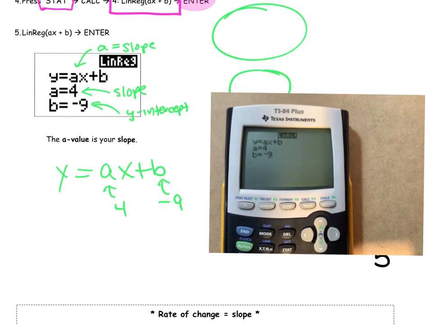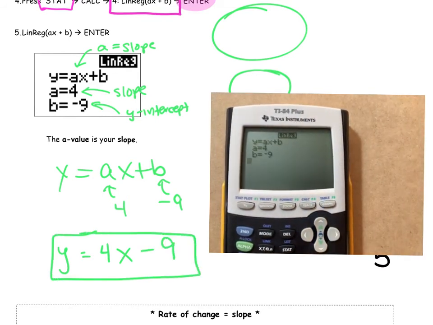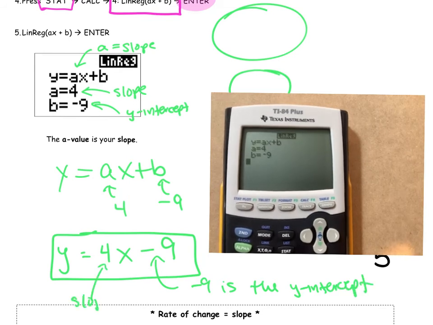We then have the equation y equals 4x minus 9. That would be the equation of the line, where -9 is the y-intercept and 4 is your slope. If you need to go back and rewind, please do so. These are really important calculator steps.